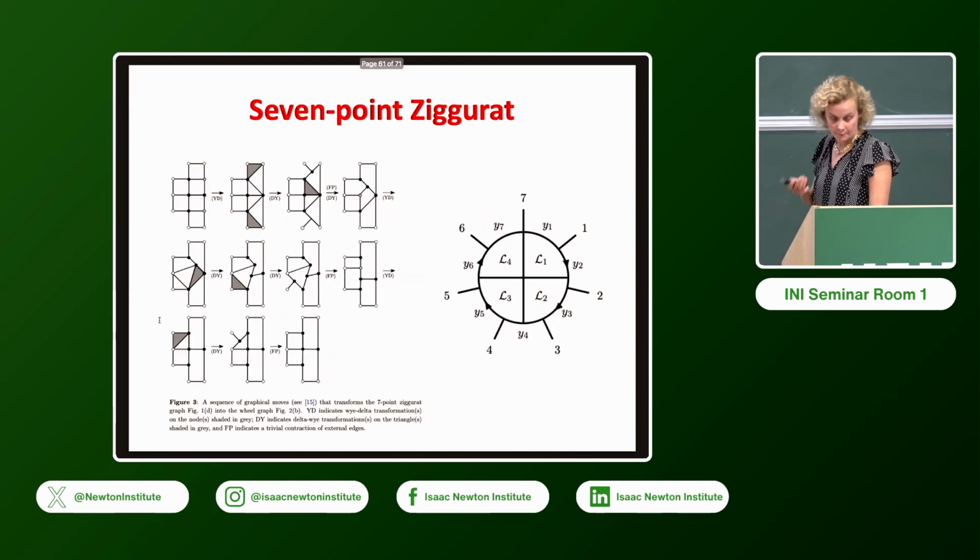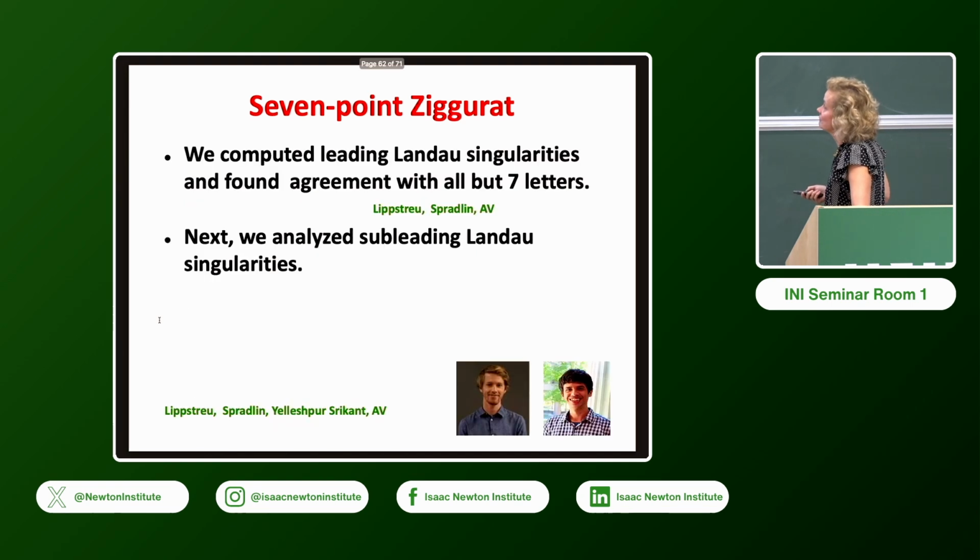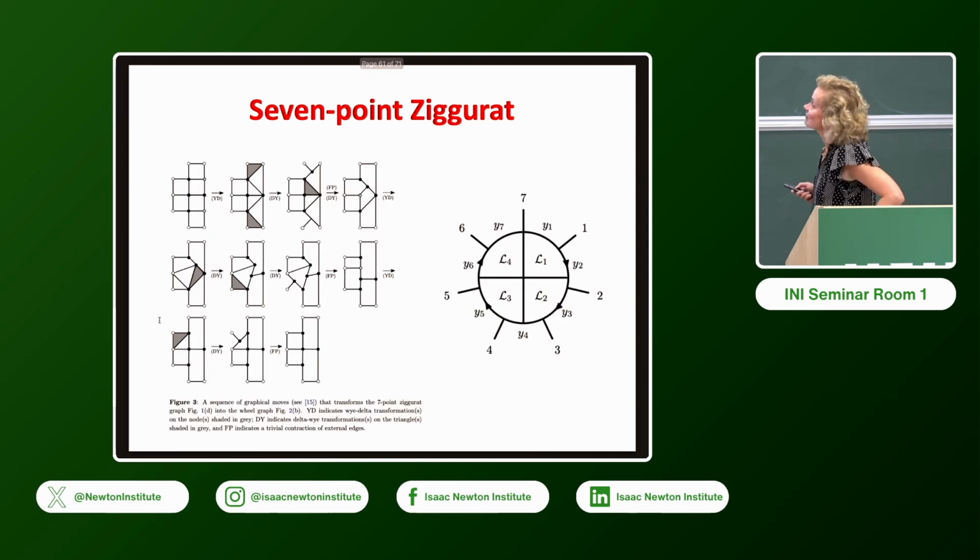So that's what, in fact, this was started by, we made a poor student, Luke, do this. So let's do 7 points. For 7 points, you start with a ziggurat, and then you do the sequence of moves, and you reduce it to this graph, and all you have to do is compute the Landau singularities of this.